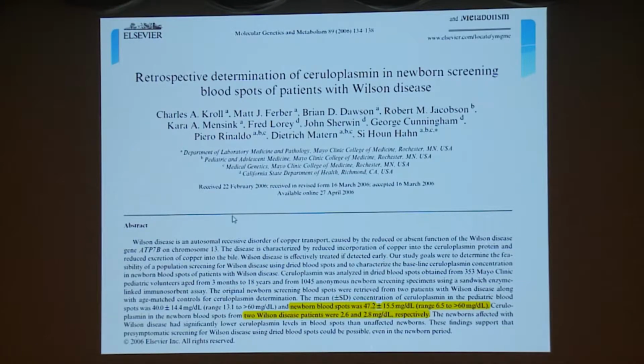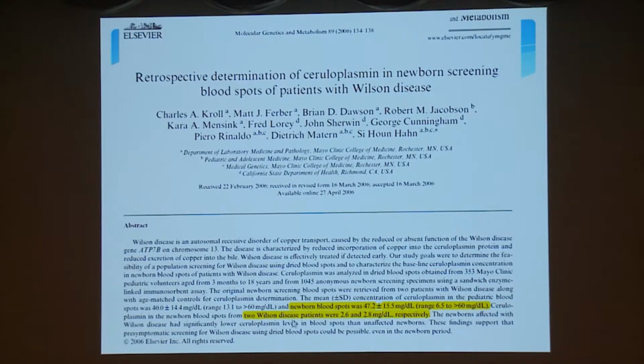So newborn screening is still the dream for Wilson disease patient groups and all the healthcare workers on this disease, because we really want to pick them up with a territory-wide method. So there are still different publications coming up every few years, trying to do ceruloplasmin on dried blood spot samples, because newborn screening now uses dried blood spots. And this group also documented that they have a retrospective review.